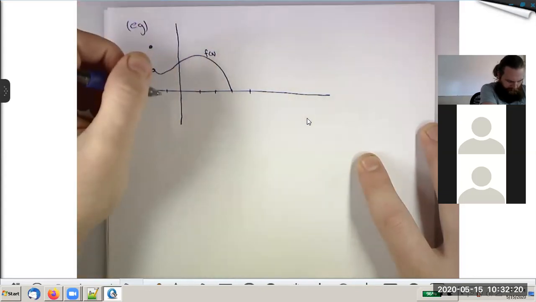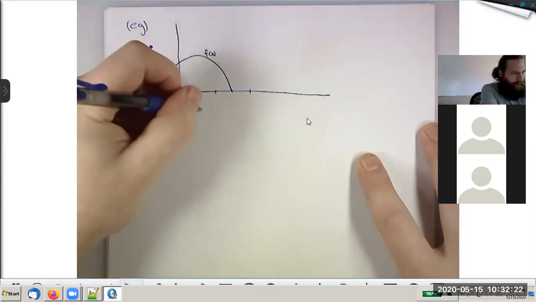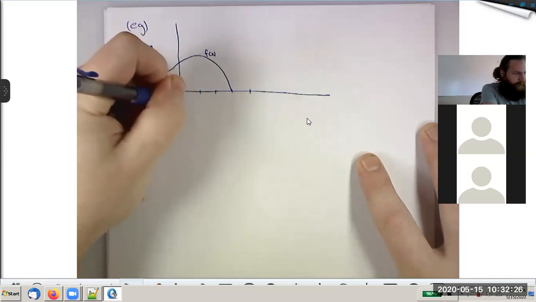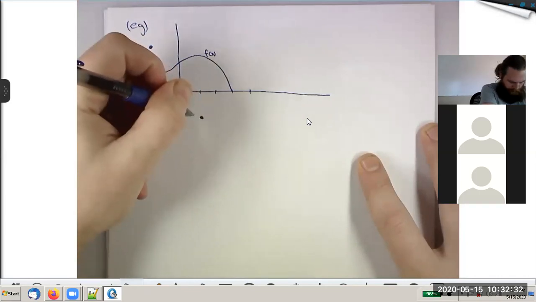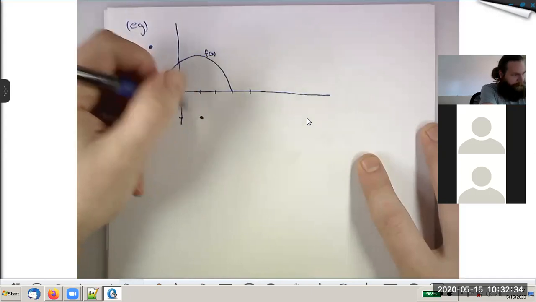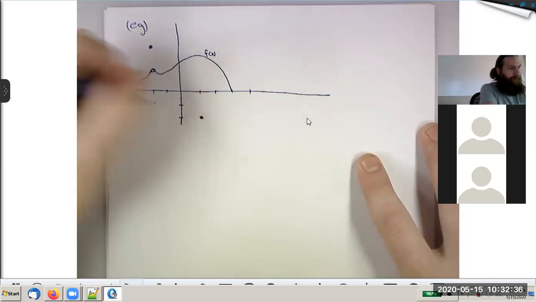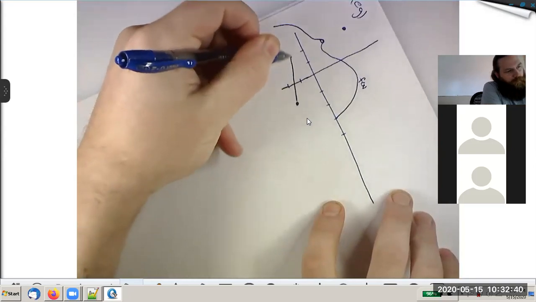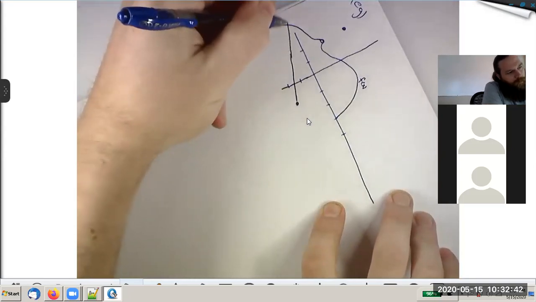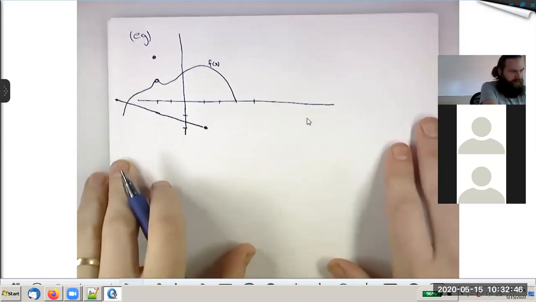And then the graph of g of x will be similar looking. Well, we'll have this go, and then g does a little jump.